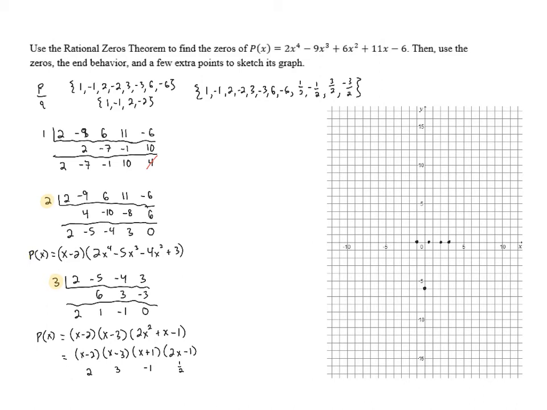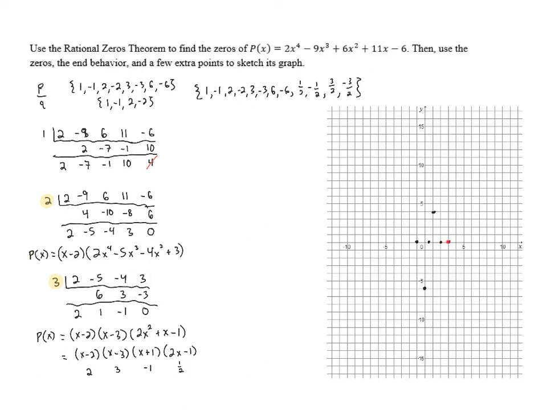We can pick 1, but the beautiful thing is that we've already done the work here, and we know from the remainder theorem that p of 1 is going to be equal to 4. So that gives us another point, and that tells us that we're going to be above the x-axis here.